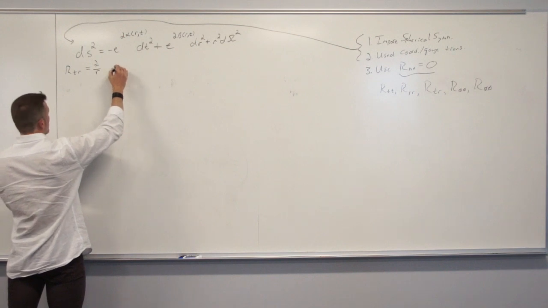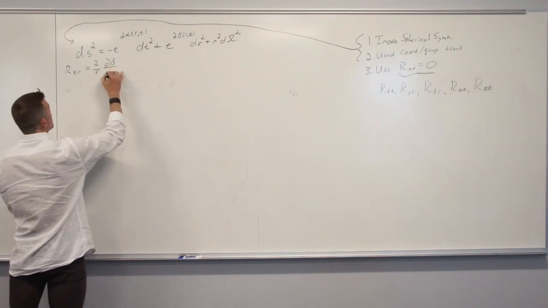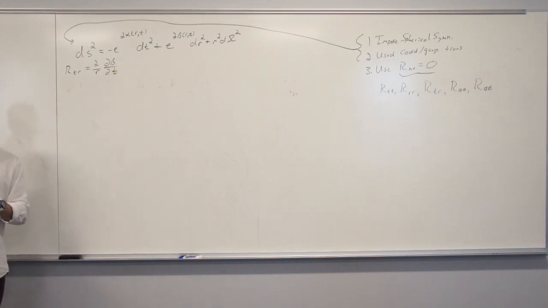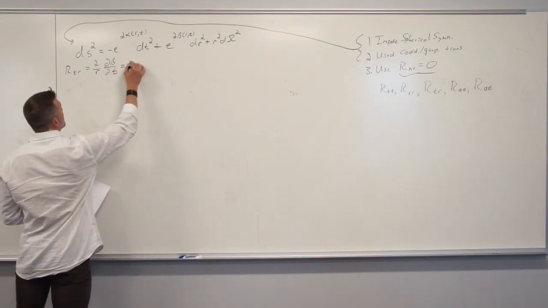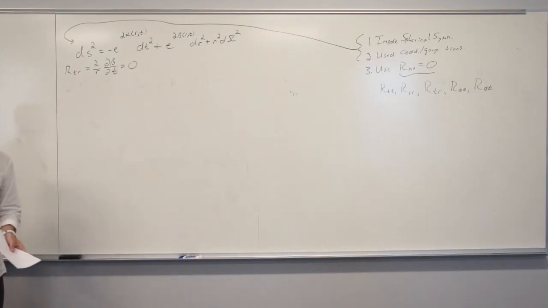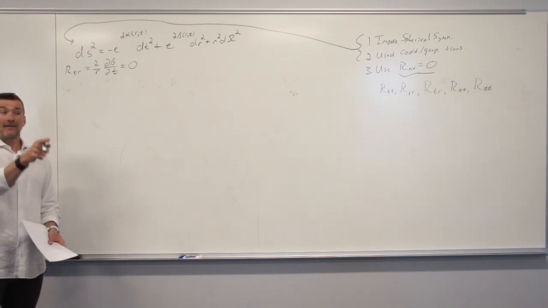If we plug this in, we're going to find 2 over r d beta dt. And we set that equal to 0, which immediately tells us what? Beta's constant. Which immediately tells us it doesn't depend on t. Beta doesn't depend on t.